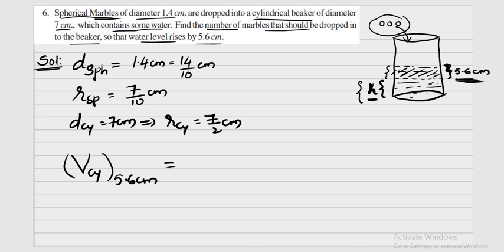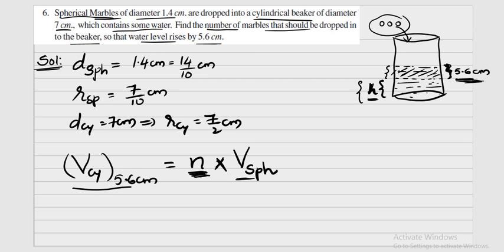This particular volume is obtained because of those n spheres only, no? Since we don't know how many spheres we have dropped, I am going to get n into volume of each sphere, right? Here n is nothing but the number of spherical balls that I have dropped. Understood? This 5.6 rise is because of these n spherical balls.